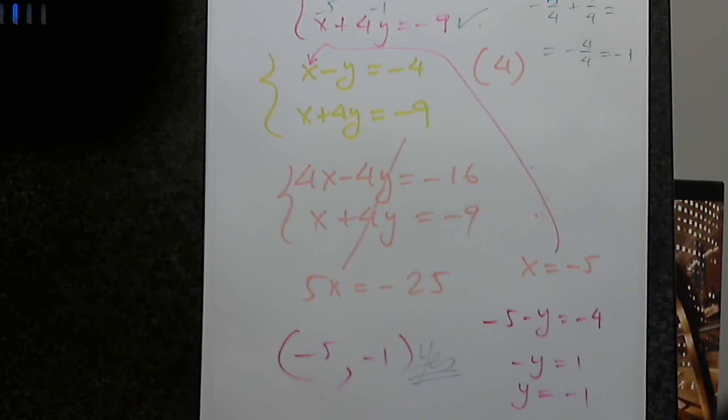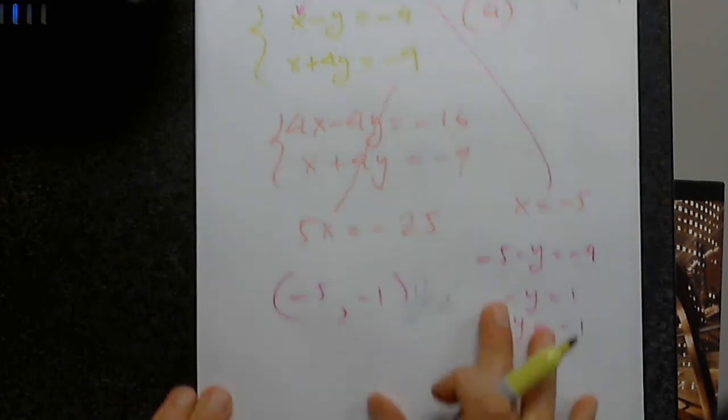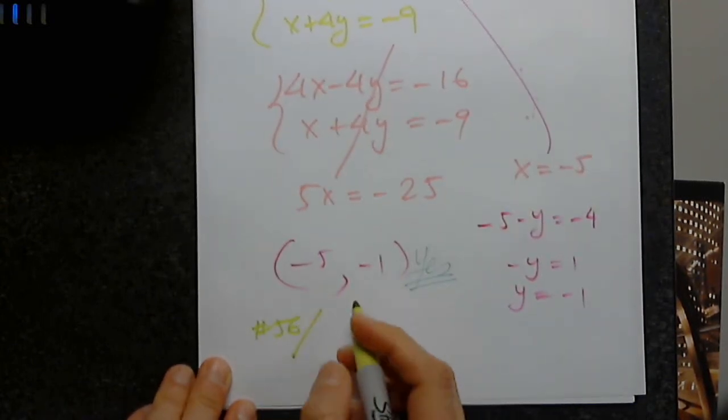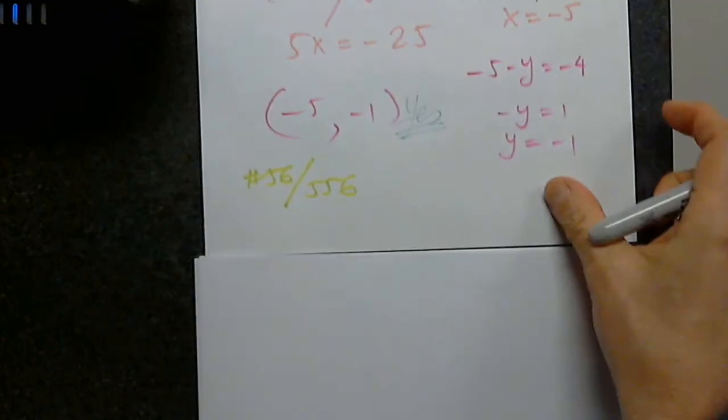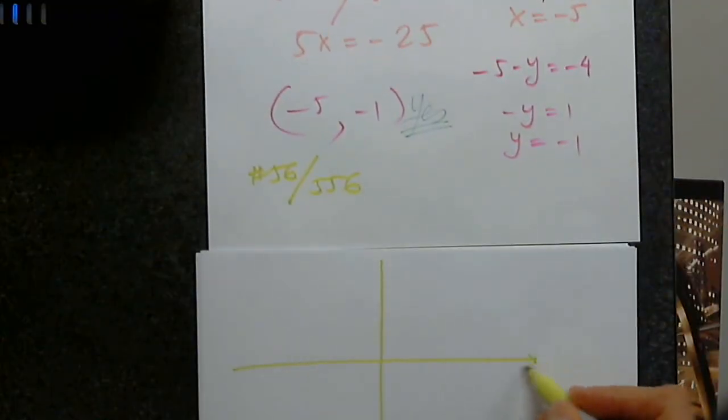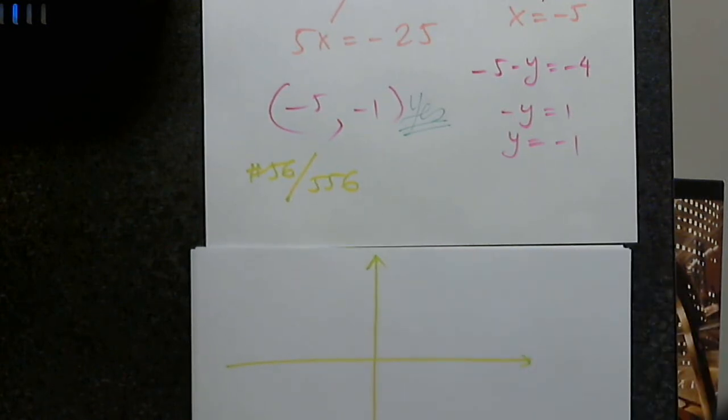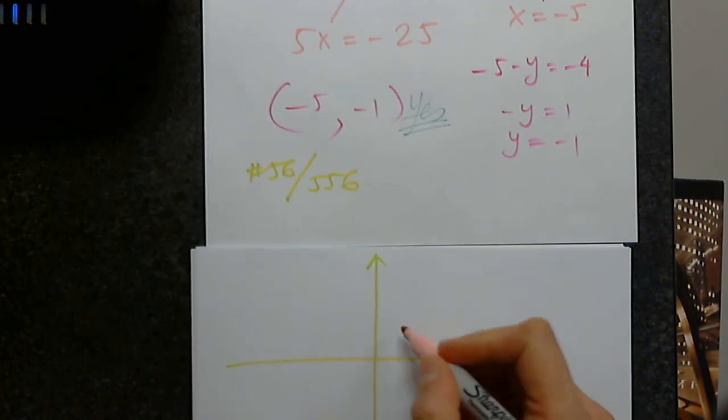I'm looking for a word problem here. Okay, let's look at 56 on page 556. It says, the figure shows the graphs of the cost and revenue functions for a company. So here's the graph, and this is the cost.